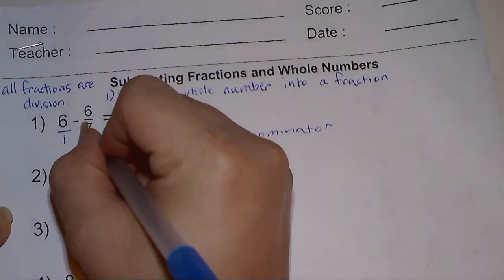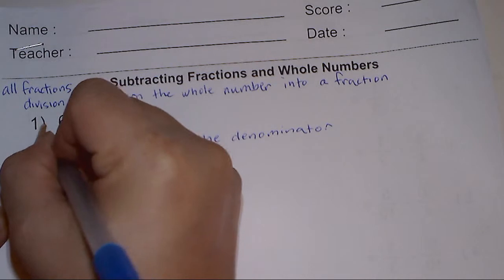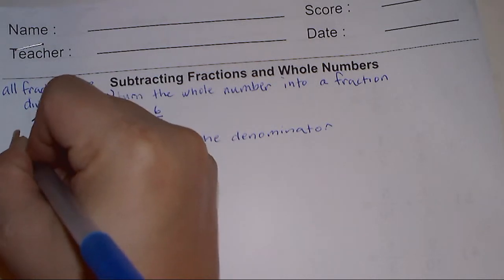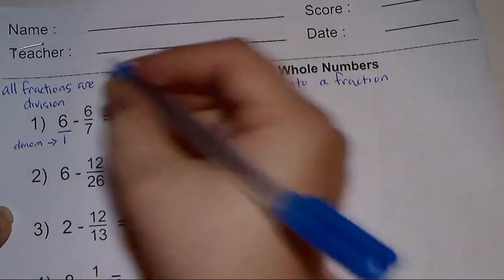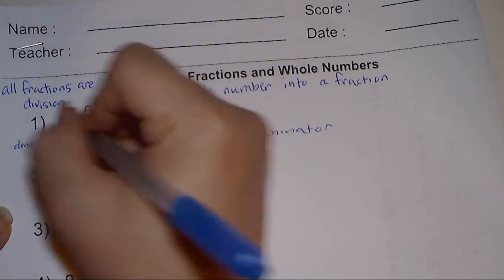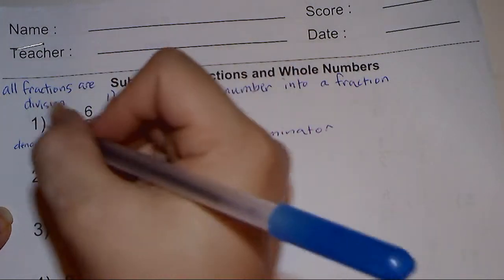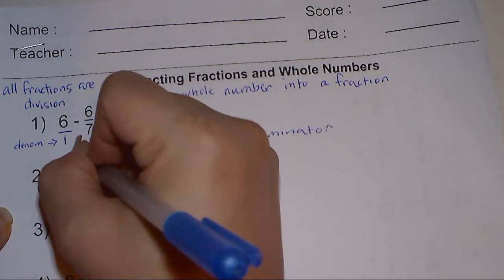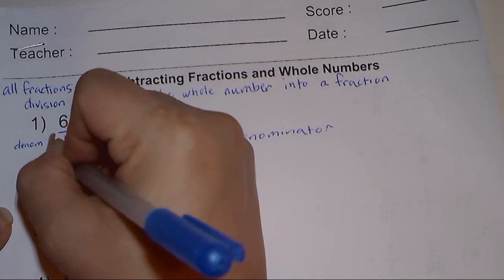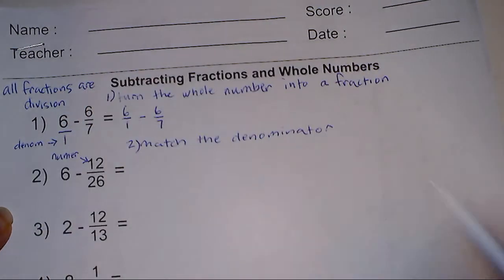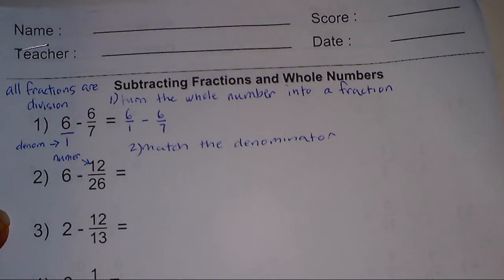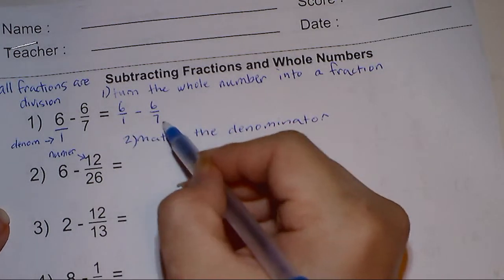So I'm going to label it here. And this is the numerator. I ran out of places to write it. Numerator. So in order to match it, we look at these numbers.